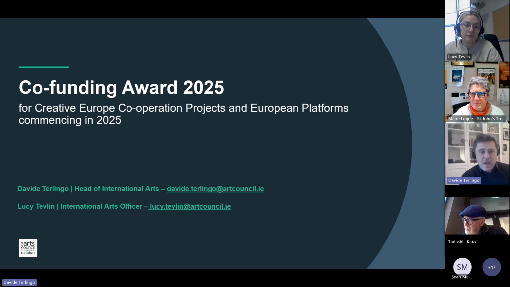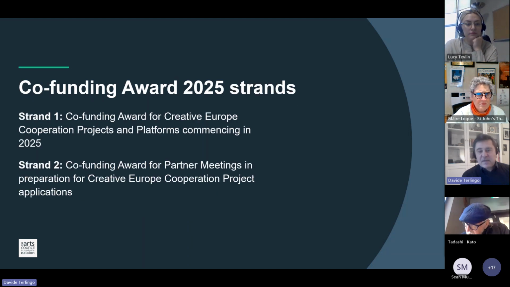The first thing to say is that the co-funding award is divided into strands. There is a strand 1 and strand 2. Strand 1 is for organizations that have received a funding offer either for cooperation projects or European platforms, and you can apply for activities starting in 2025 under these two strands of the Creative Europe program.